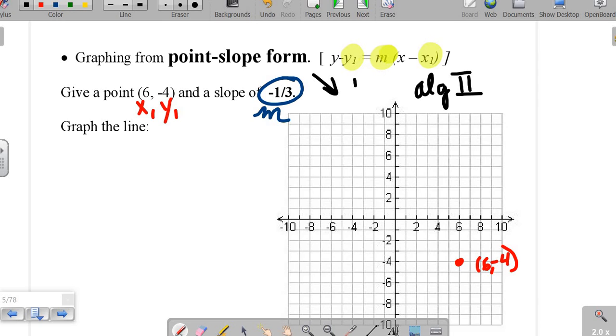Rise over run, rise 1, run 3. And here would be your line.